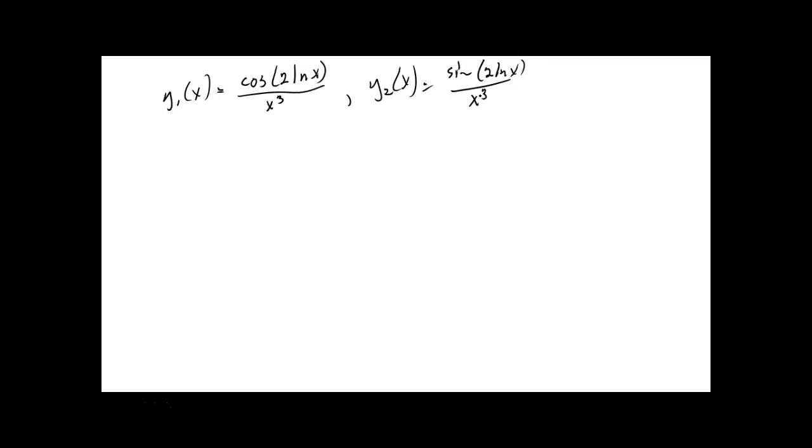Now, it's telling us that these two are solutions of this differential equation. x squared y double prime plus 7xy prime plus 13y equals 0. A homogeneous linear second order differential equation. Now, my solutions, that's an ugly looking combination there.